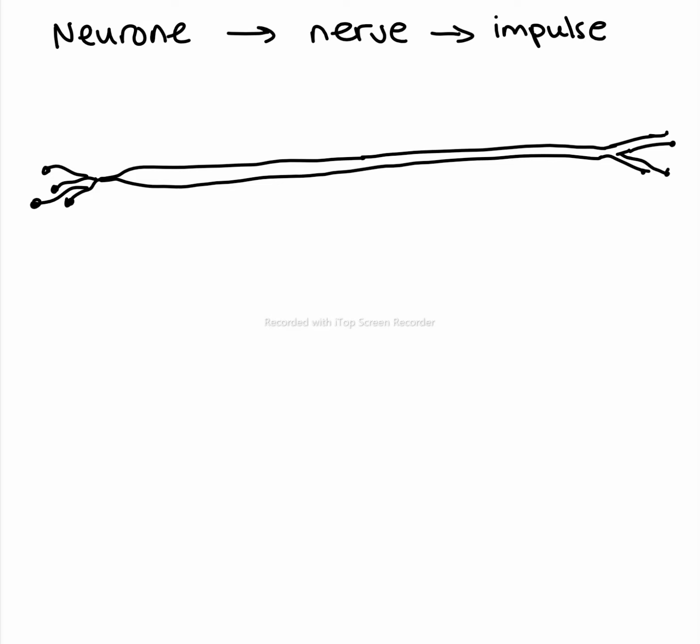So now what you have is a covering here of a myelin sheath. This is like a cover to stop the impulses shorting each other. If the neurons touch each other, you won't get the signal lost or distorted. So let me just draw that.